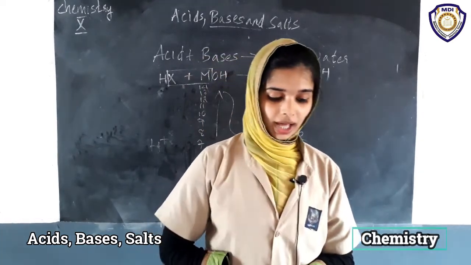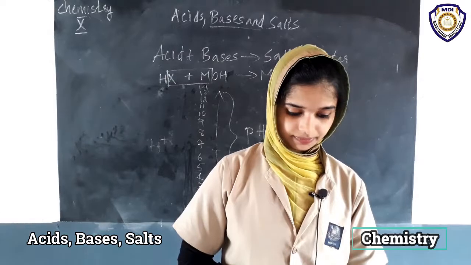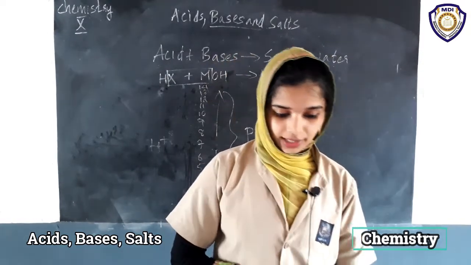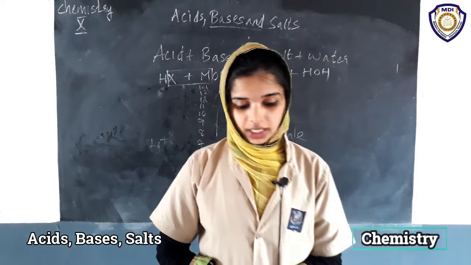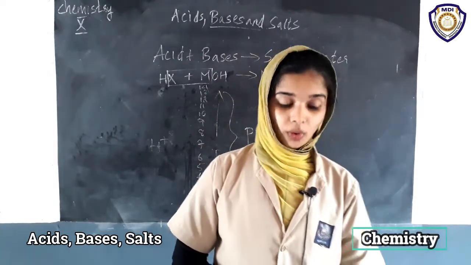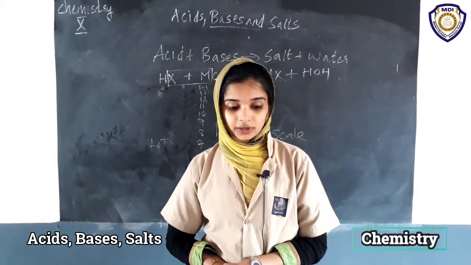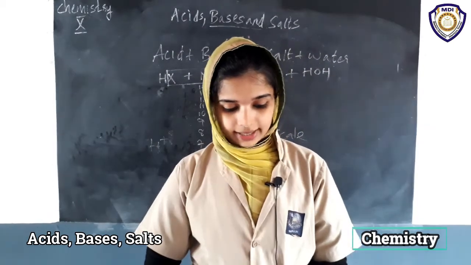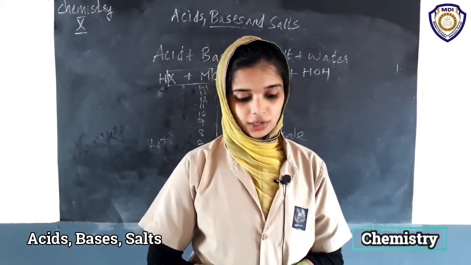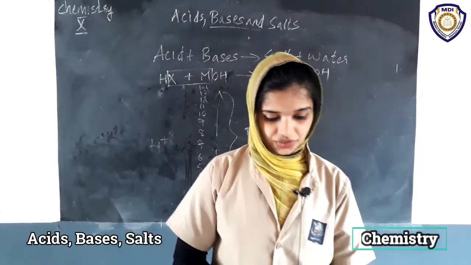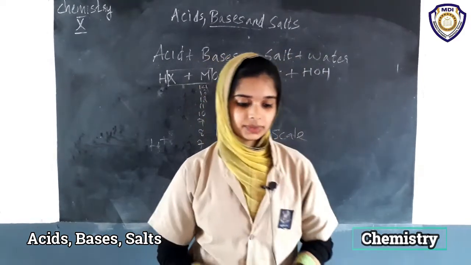Then 1 molar NaOH, sodium hydroxide, its color is purple, its pH value is about 14, it is basic. Then 1 molar HCl, hydrochloric acid, its color is red, pH value 1, and its nature is acidic.